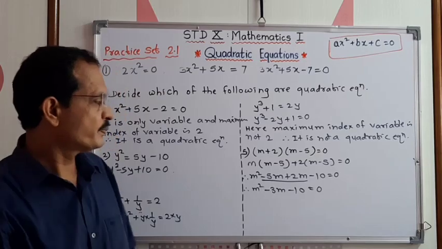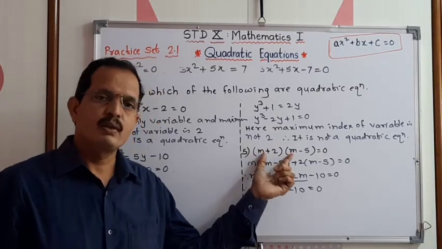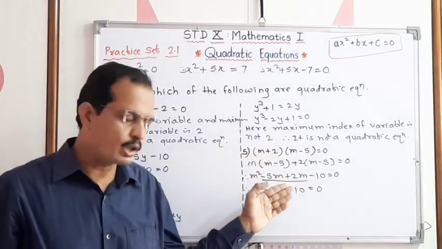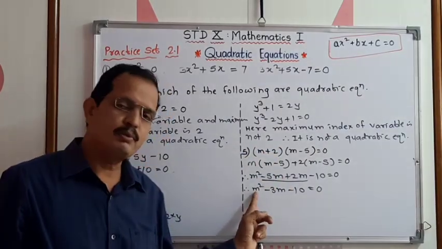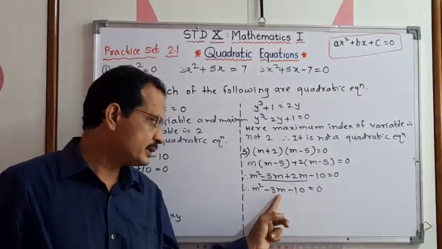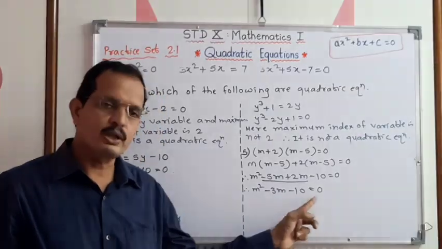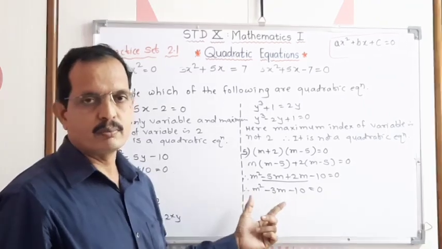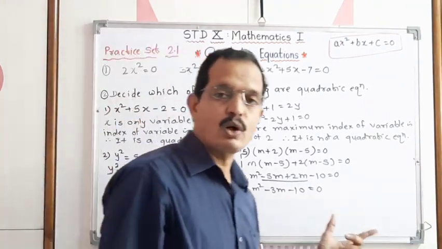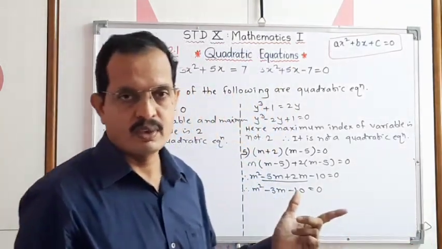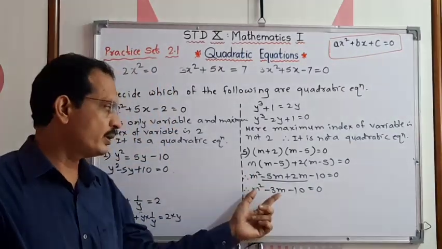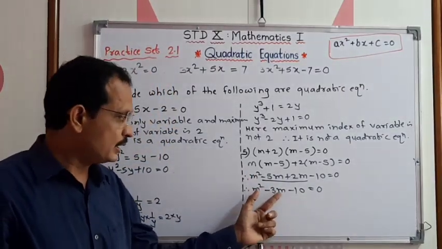Dear student, if we observe here, we come to know that the maximum index is 1. But if we solve this, then we get here the maximum index is 2, minus 3m minus 10 equal to 0. That means this equation we can write in a standard form. Therefore, this equation is a quadratic equation with maximum index 2 and one variable, that is m.